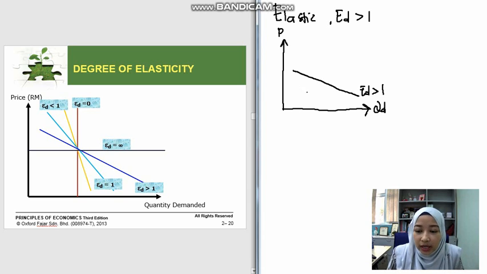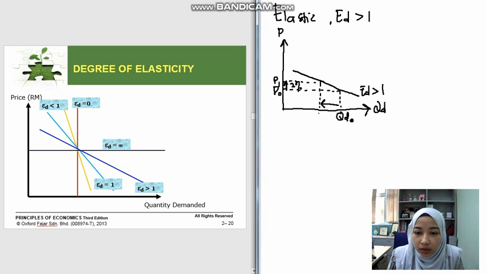So why does the elastic demand curve look flat? For example, let's say there is a change in the price. Let's say the price here I put as P0, and when the price is at P0, the quantity is at Q0. If there is a small change in price, for example from P0 to P1, a very small change, maybe about 2%, what will happen to the change in quantity demanded?